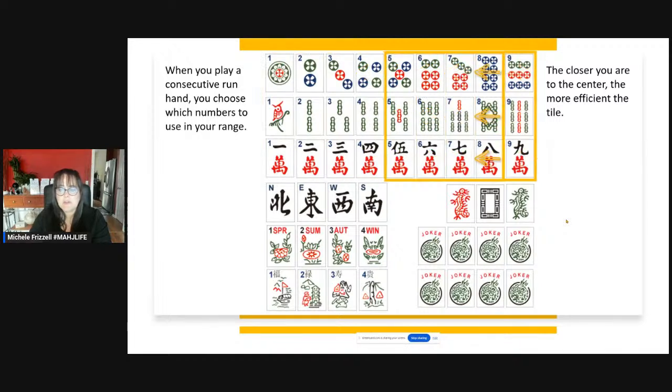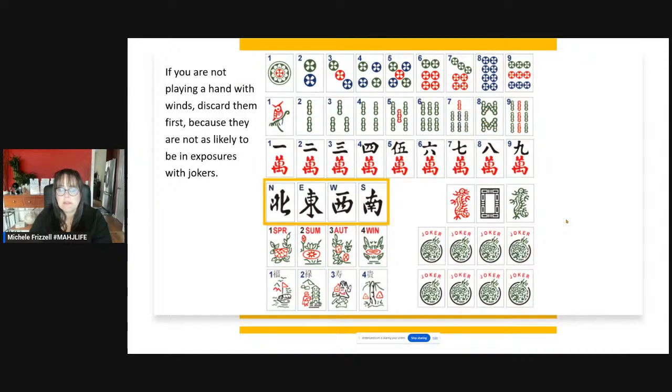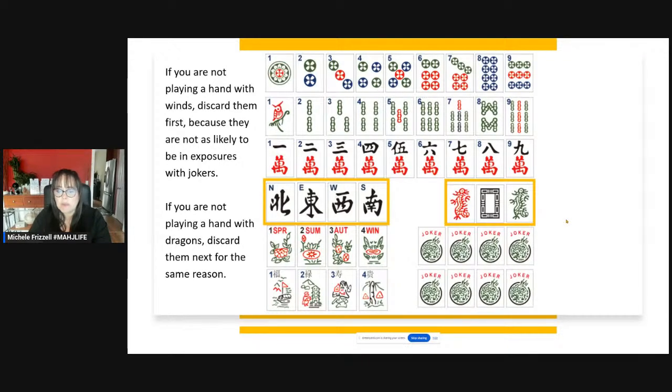And then, of course, the closer you get to the other side of the range, the less flexibility of that tile. So holding the tiles in the middle is going to give you those opportunities to do joker exchanges. If you think about winds, there are only 4, and dragons, there are only 3. So those typically go first.